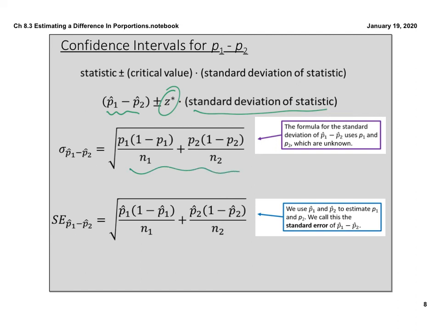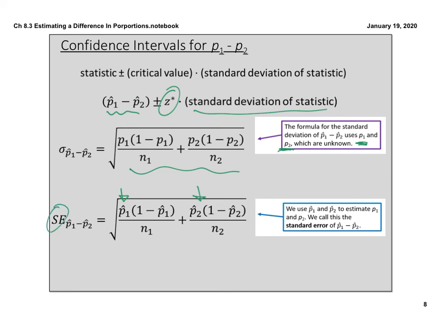So we don't know the standard deviations for the true population. That's not something we can find. But once we prove that we can use normal statistics here, we do the large counts and we have all the conditions met, then we can use the p hat values. Okay, so we use p hat 1 and p hat 2 to estimate the standard error.